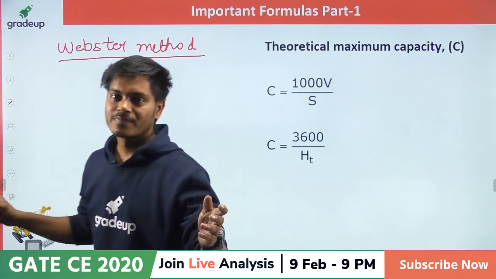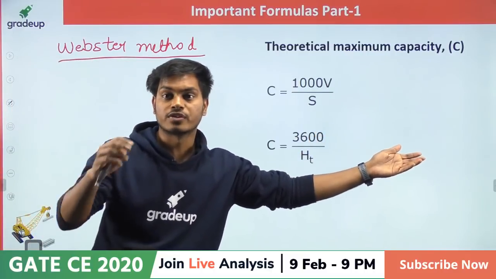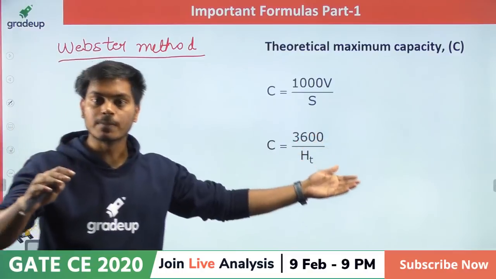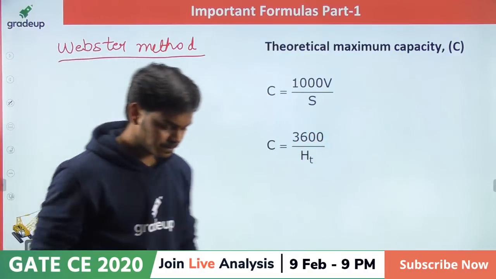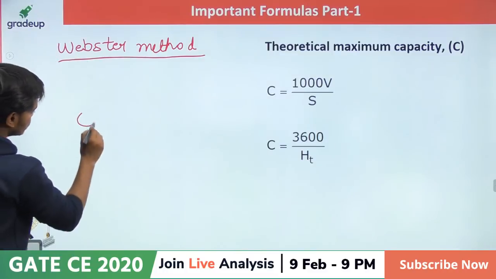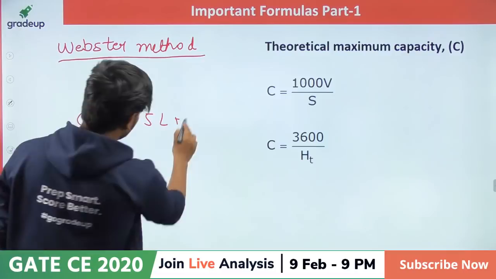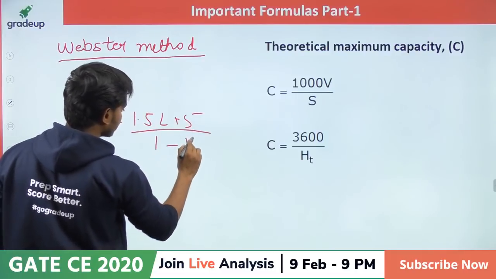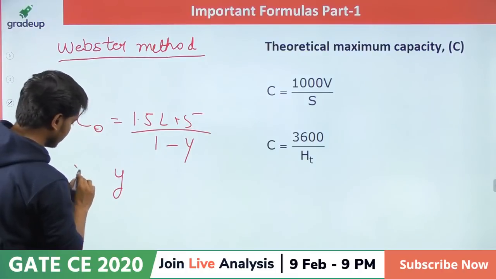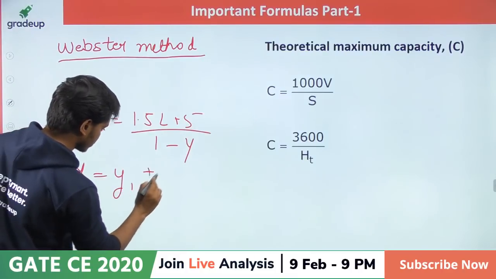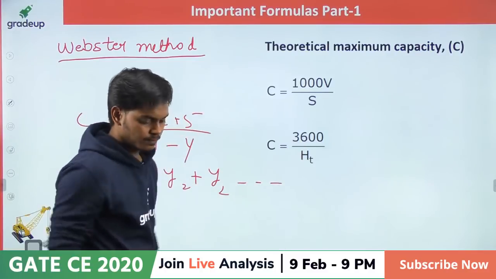Which cycle time? Yes, very good. Optimum cycle time. ठीक है? Optimum cycle length. Okay. So C naught is 1.5 L plus 5 upon 1 minus Y. And 1 minus Y is nothing but the summation of Y1, Y2, Y3 and so on till N. ठीक है?